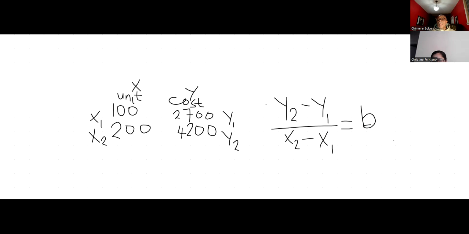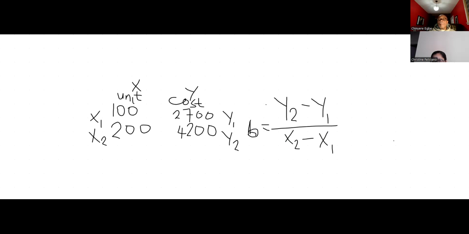So in that case, we have 4,200 minus 2,700. I'm going to say B equal to that.